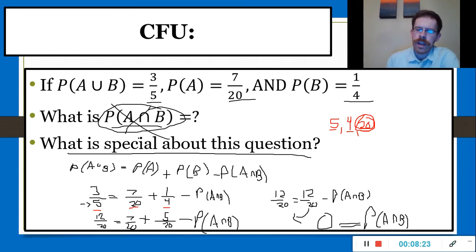Now, ladies and gentlemen, this just means that there is no intersection. If your probability of some event is 0, that event doesn't happen.